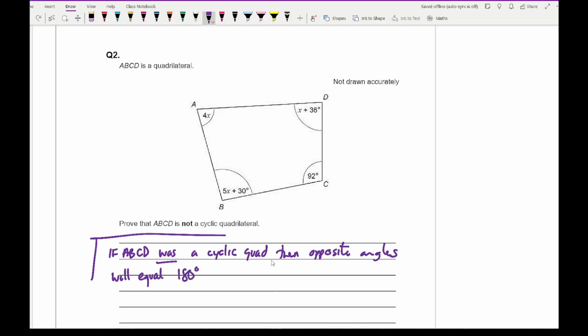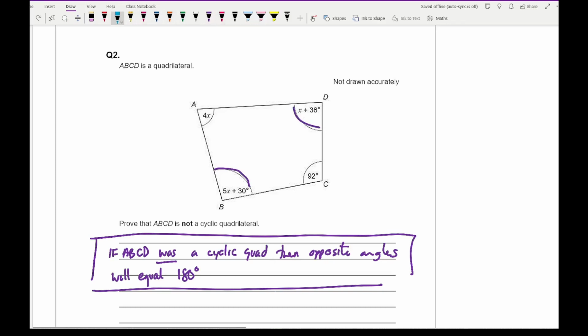So this is the fact that I'm going to be using. What I need to do is show that diagonally opposite angles do not add up to 180.